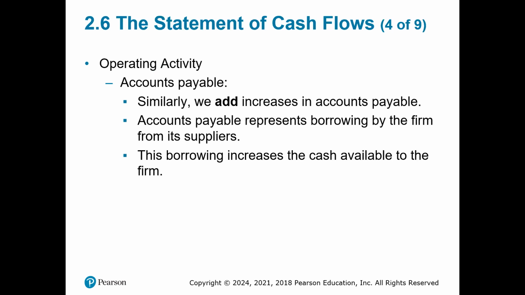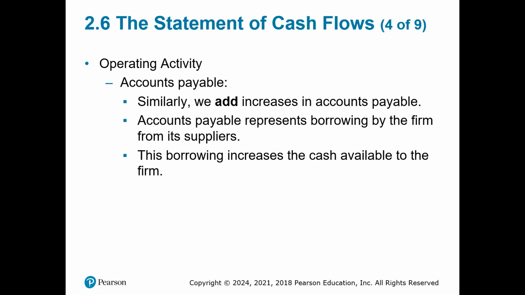Again, in the operating activities section of the statement of cash flows, adjustments are made to account for changes in working capital with a focus on accounts payable. Now, when there is an increase in accounts payable, we add this amount to the cash flows.